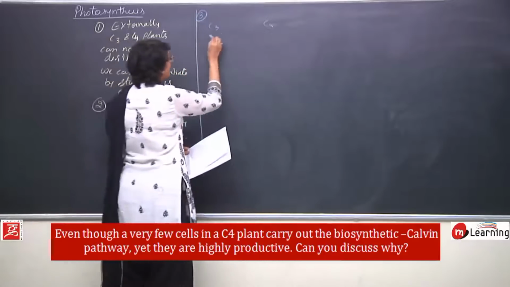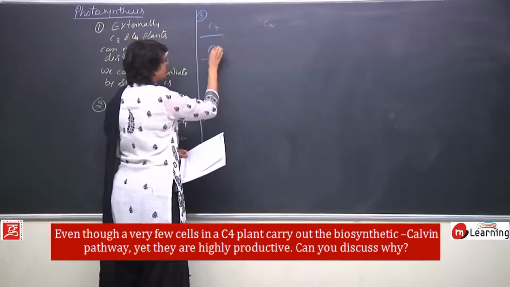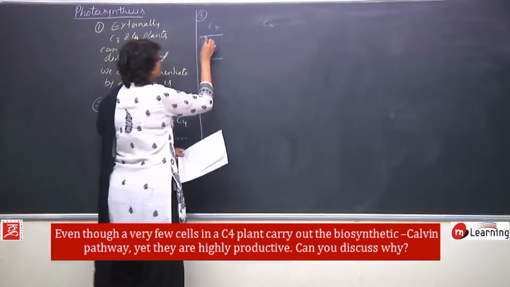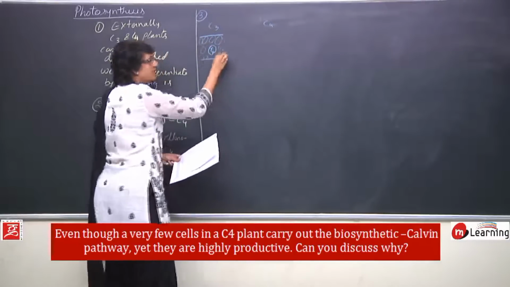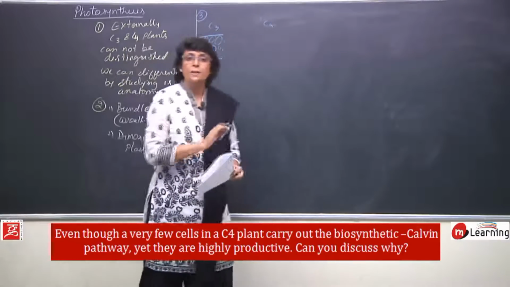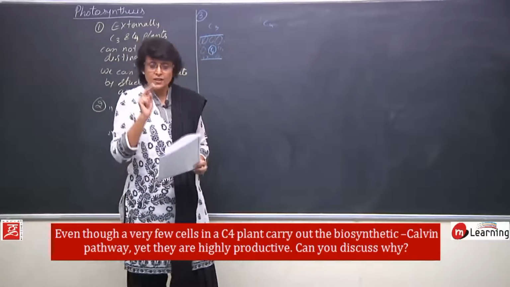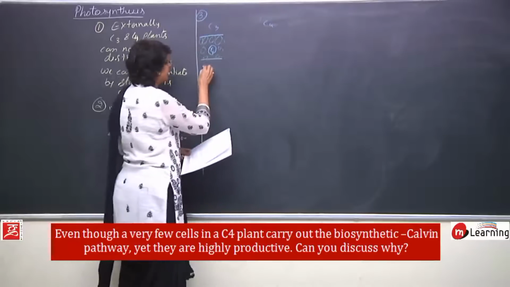In C3, the upper epidermis, the lower epidermis, here is xylem and phloem, and the cells which are here, all these cells, the spongy parenchyma or palisade parenchyma, they all have chloroplast and they perform photosynthesis, that is the Calvin cycle. So where is the Calvin cycle taking place?